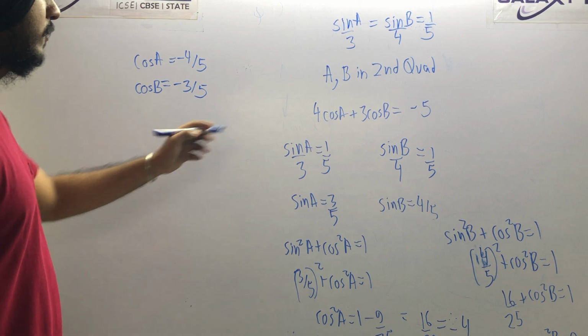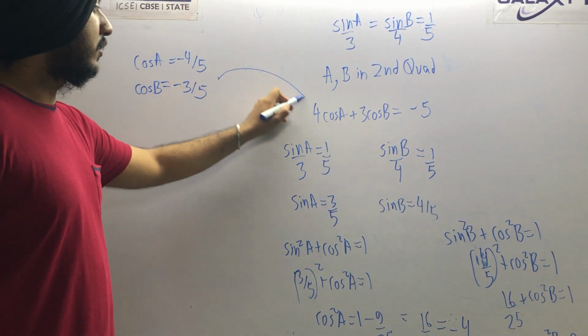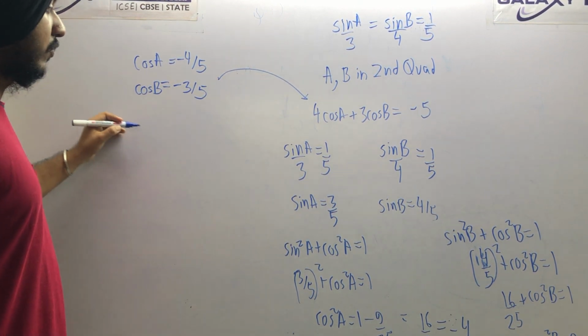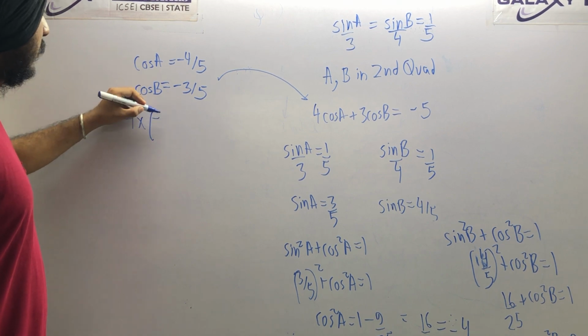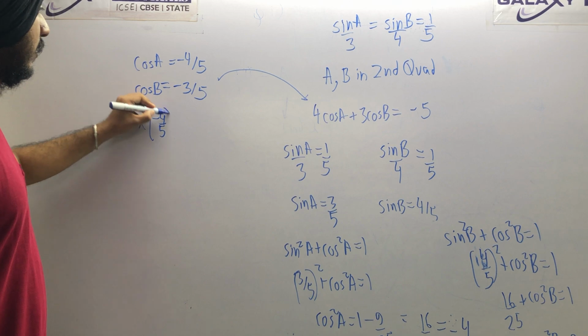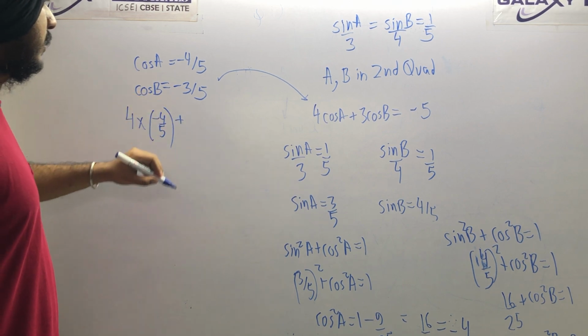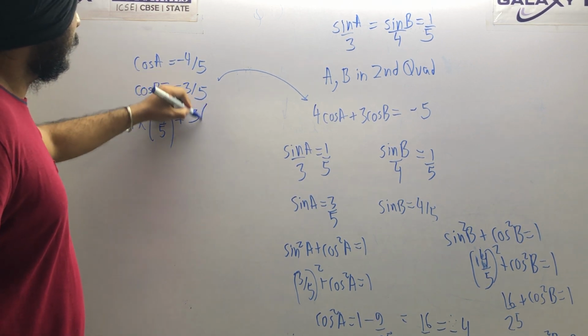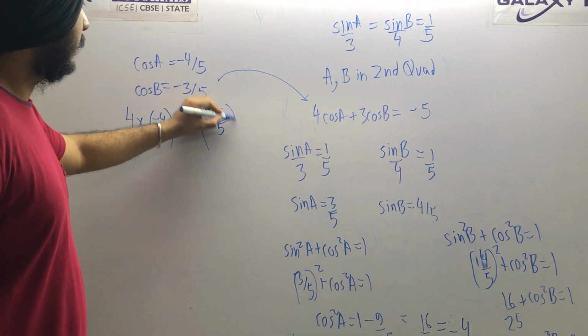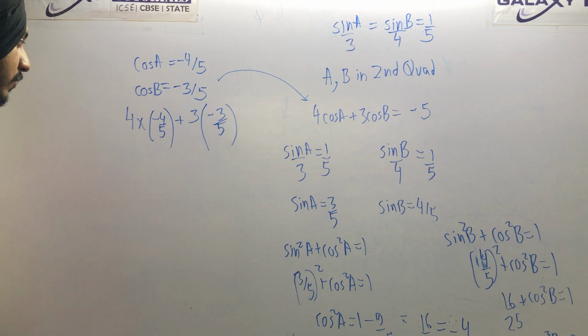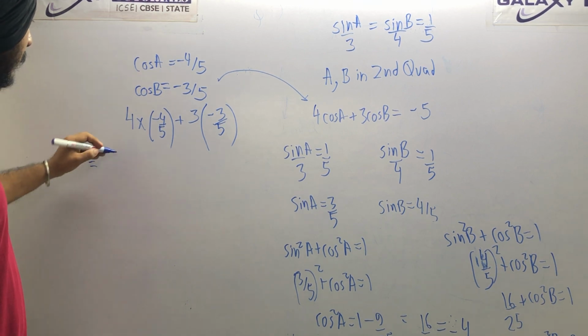Now you will just substitute the values in this left hand side. So this is 4 into minus 4 by 5, plus 3 into minus 3 by 5. So you just multiply this, we will see what happens.